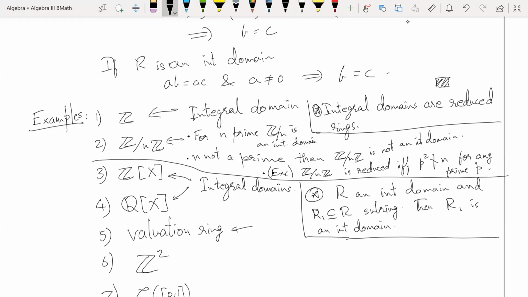Take any non-zero element in R1, then it's of course a non-zero element of R. So you multiply with any non-zero element in R, and it remains non-zero. So every non-zero element of R1 is also a non-zero divisor. So that tells you that valuation rings are integral domains.